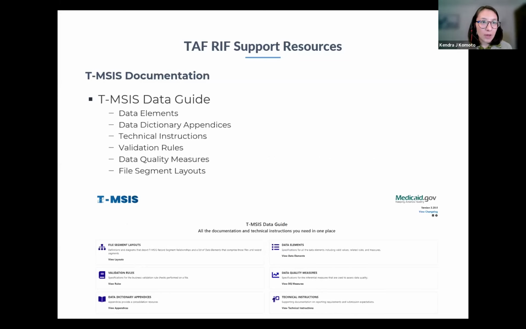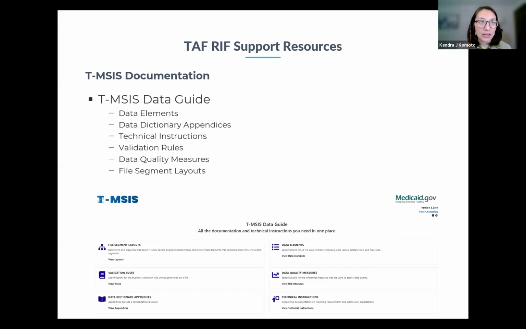Next, I'm talking about resources for T-MSIS, or the Transformed Medicaid Statistical Information System. T-MSIS support is found on Medicaid.gov, so I mentioned this before, but it's Medicaid, MACBIS, T-MSIS. And this is one of the first places I go to when I receive a question that I can't figure out using the TAF RIF resources.